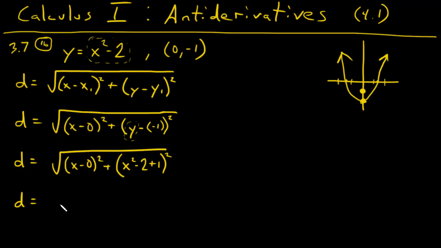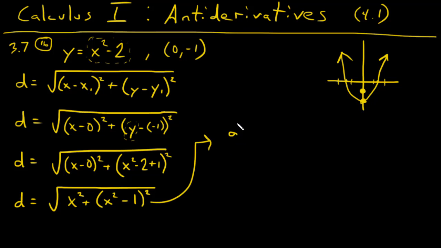So d is equal to the square root of x squared plus x squared minus 1 squared. If I expand that out, d is equal to the square root of x squared plus x to the 4th minus 2x squared plus 1. x squared minus 1 times x squared minus 1 gives me this right here.